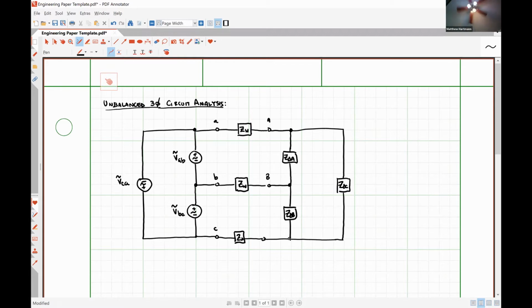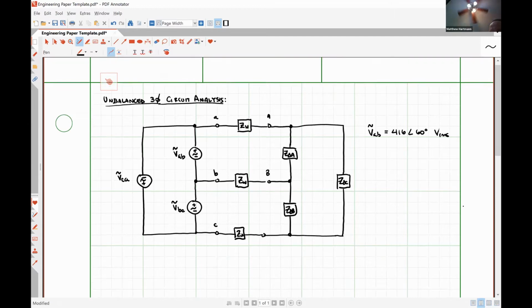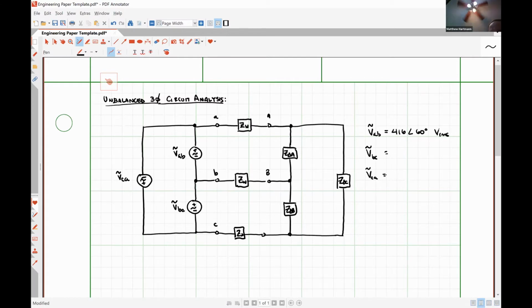And, excuse me, let's start defining a few things. So let's say that our source voltage VAB is 416 angle positive 60 degrees volts RMS. And if we have a positive phase sequence, we'll be able to use that information to figure out VBC and VCA. So we'll get to that in a moment.